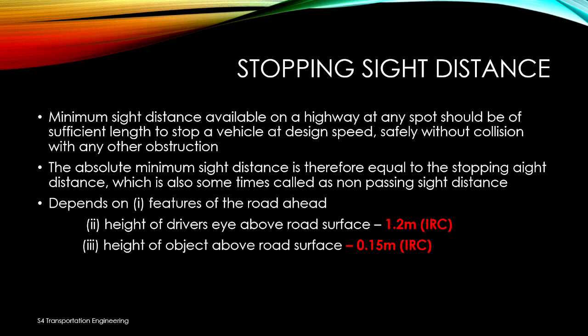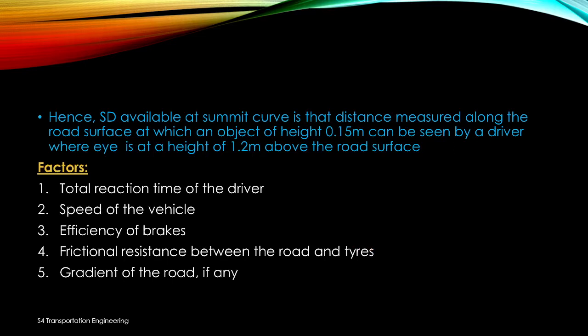Then the formula can be derived by assuming some values for the driver's eye height and the height of the object above the road surface. These values are given by IRC as 1.2 meter for the height of the driver's eye above road surface and 0.15 meter for the height of the object above road surface.